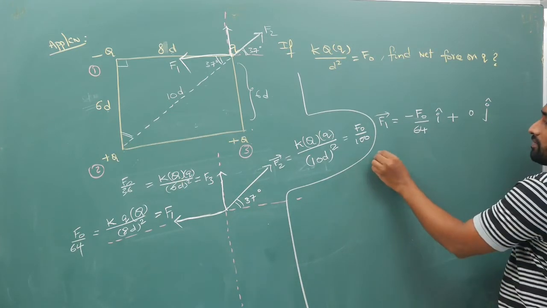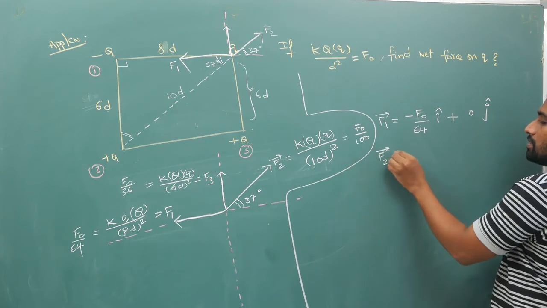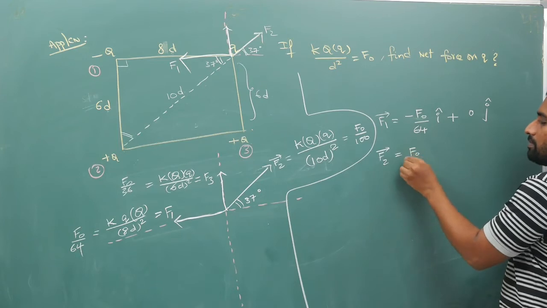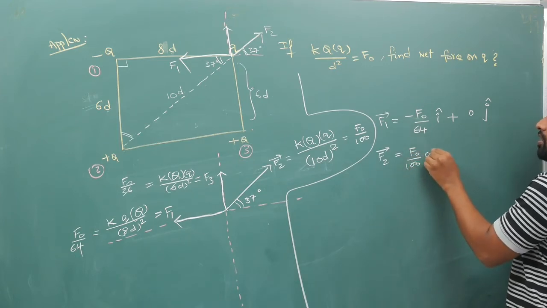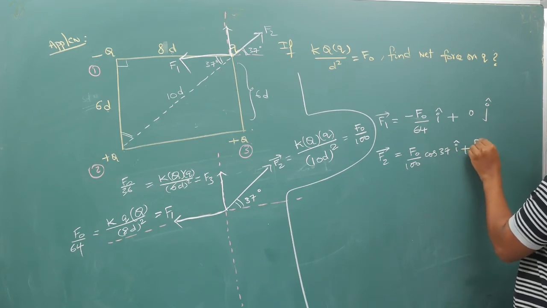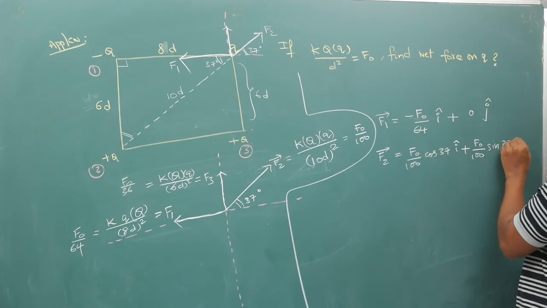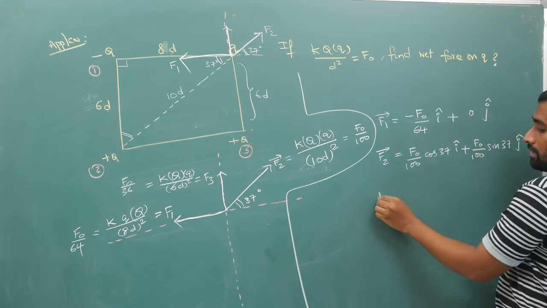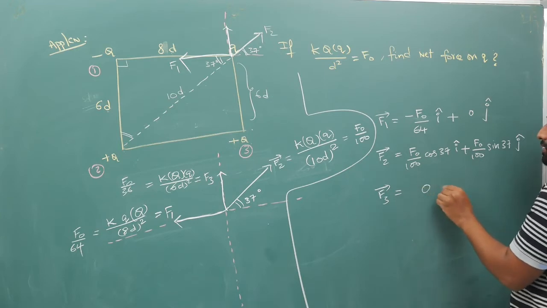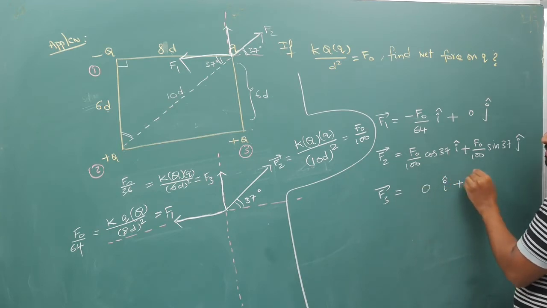Your second vector F2 bar is F0 by 100 into cos 37 i cap plus F0 by 100 into sin 37 j cap. And your third vector F3 bar is 0 i cap plus F0 by 36 j cap.